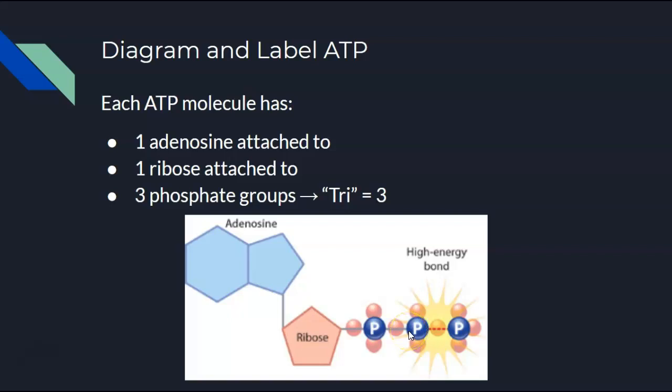Tri means 3, so triphosphate means 3 phosphates. So these bonds that connect the phosphates to each other, especially this last one, is a high energy bond. So when that bond breaks, that's how we get the energy out of ATP that we use to do cellular work. So you should draw this picture and understand that these are the components that make up ATP: adenosine, ribose, 3 phosphates.